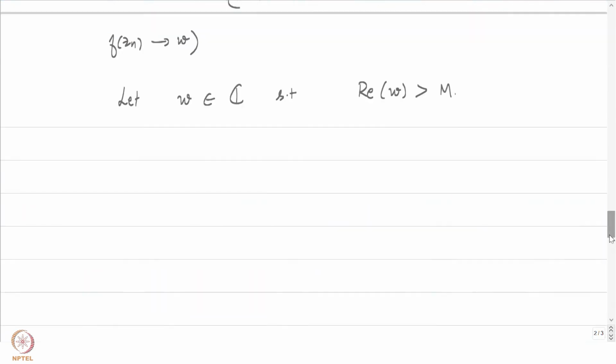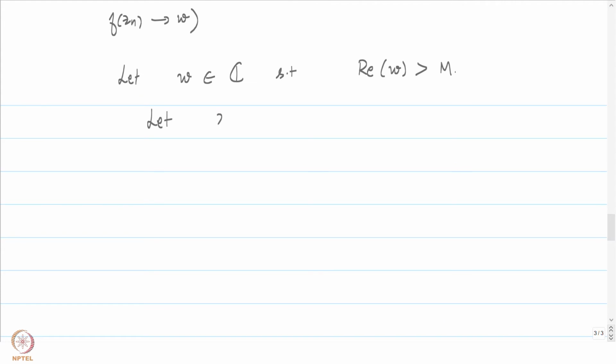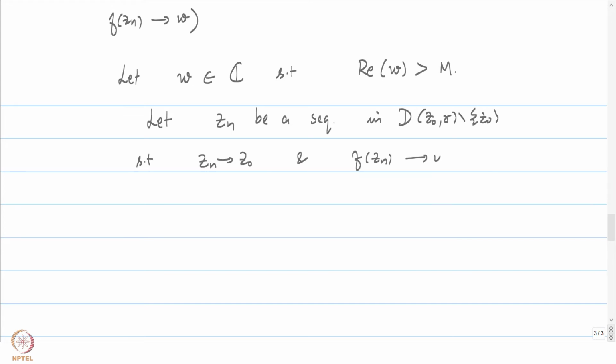And let Zn be a sequence, by the Casorati-Weierstrass theorem, in D(z0, R) minus z0 such that Zn converges to z0 and f(Zn) converges to W. This is ensured by the Casorati-Weierstrass theorem.